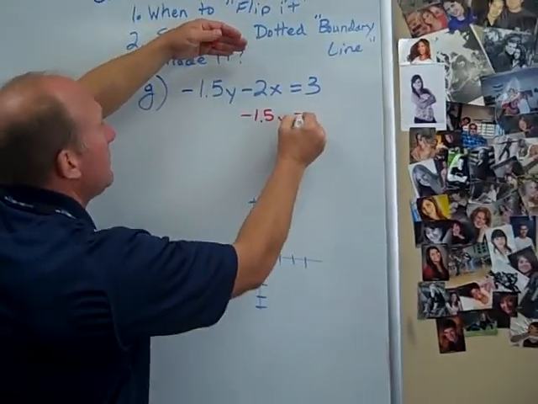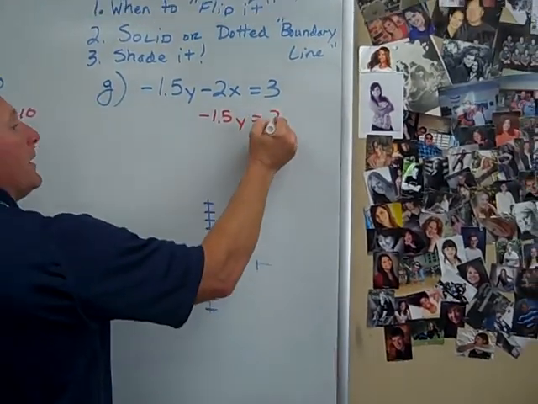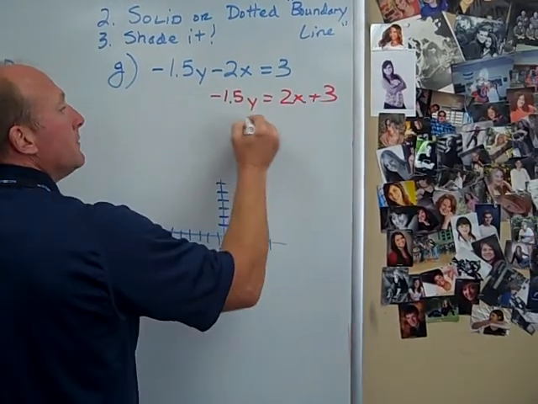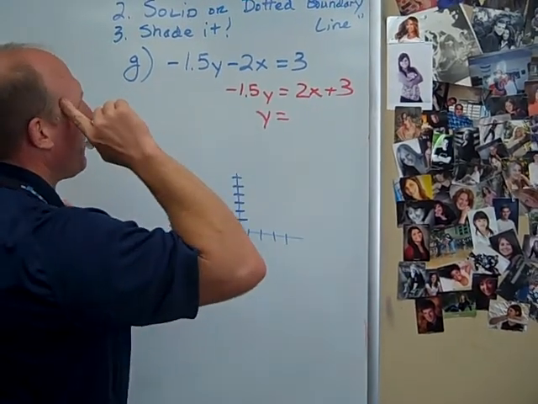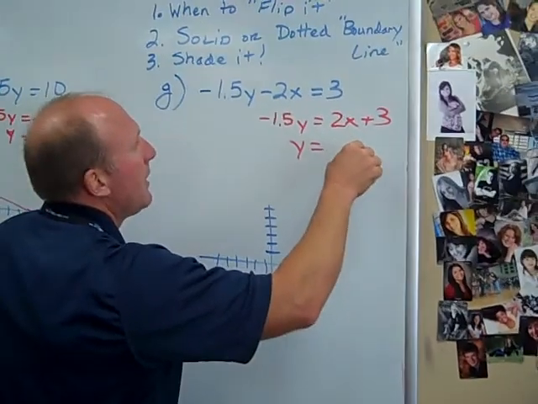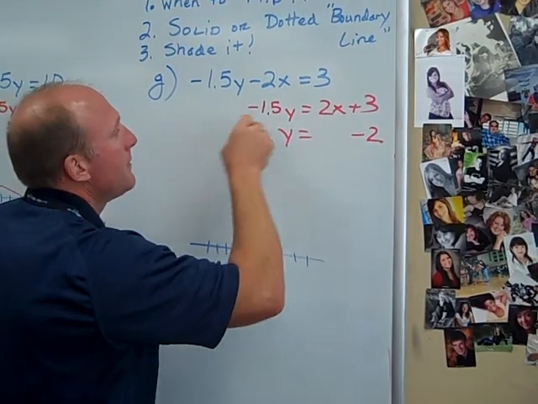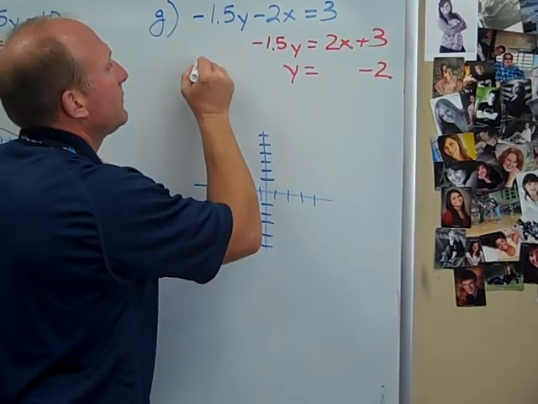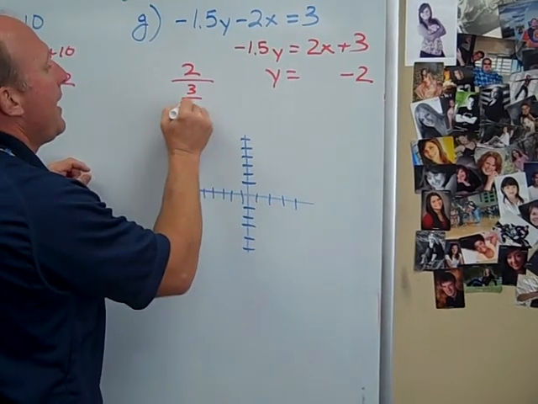I'm going to go ahead and put it into slope-intercept form. When I divide 2 by 1.5, oh boy, I don't even know what that is. So 2 over 3/2. 2 divided by 3/2.